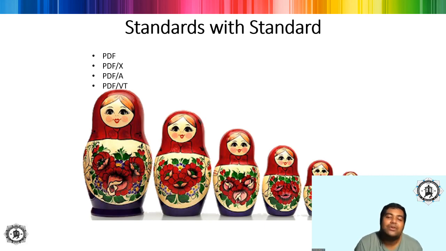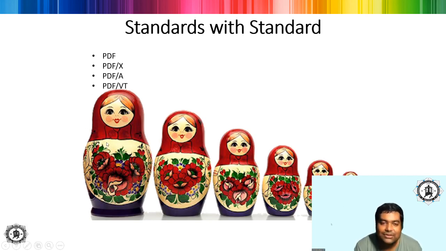So in that context, if you consider the biggest doll to be PDF, then this may be PDFX. And what are the rest of the dolls? That is something we need to discuss later on, because you might think, if this is PDF, then this is PDFX, this is PDF-A, this is PDF-VT. No, that is not so.